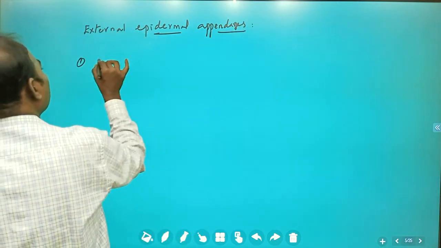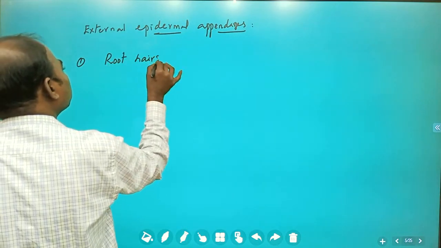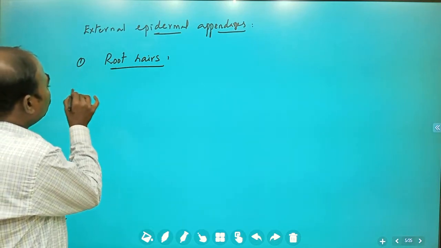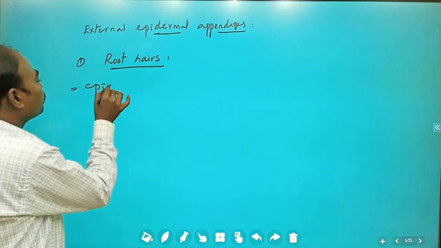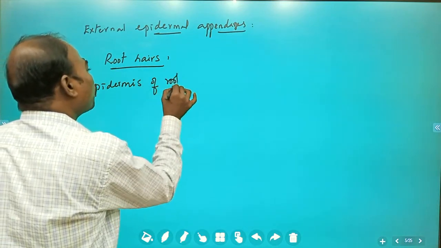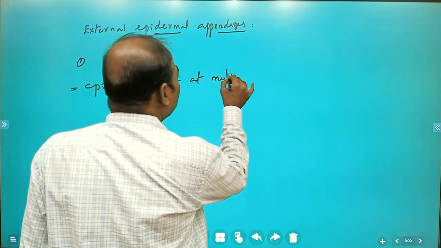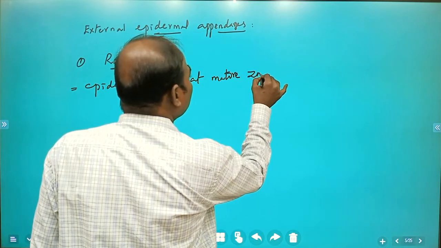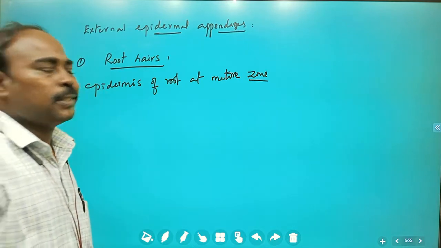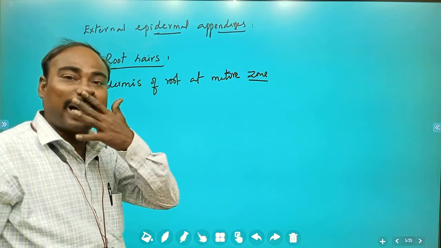First one, root hairs. In the epidermis of root, at mature zone, we already discussed the zone of elongation, zone of maturation, meristematic zone in morphology.